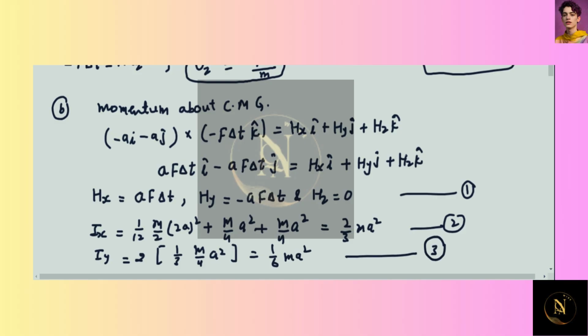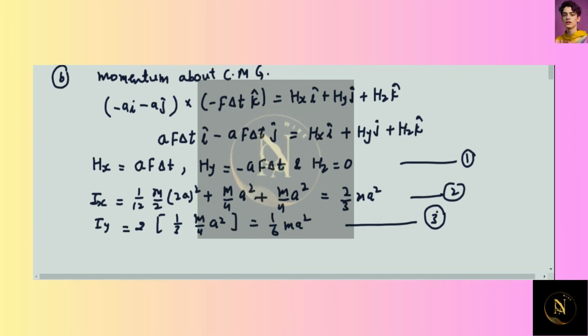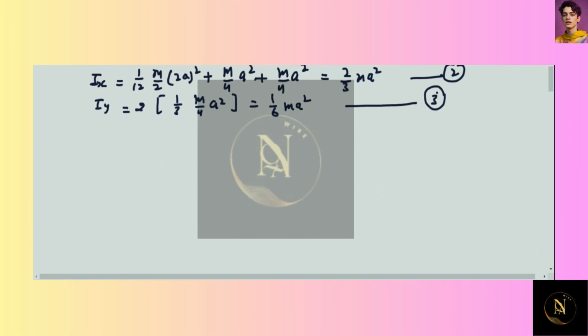Moment of inertia along xy: m by 4 into a by 2 into a plus m by 4 into minus a by 2 into minus a.